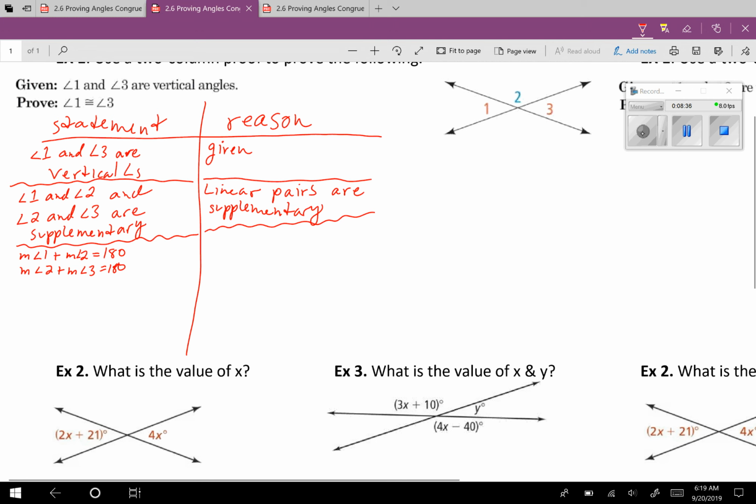And the reason for that is that the measure of supplementary angles is 180 degrees.